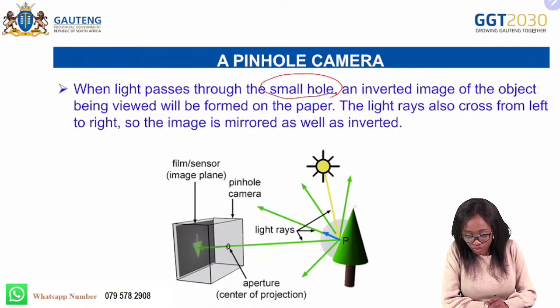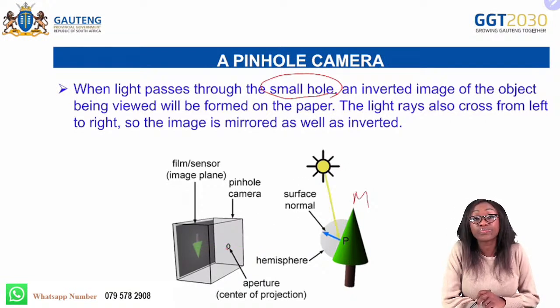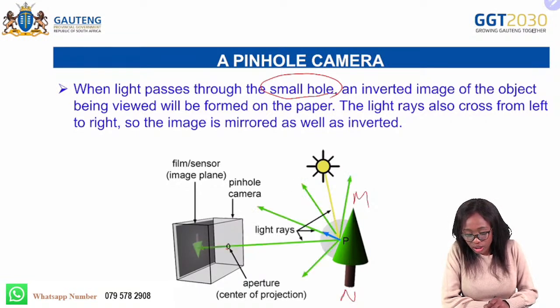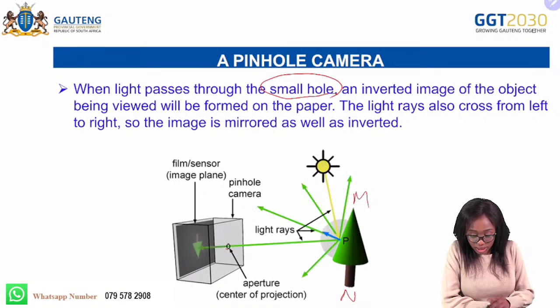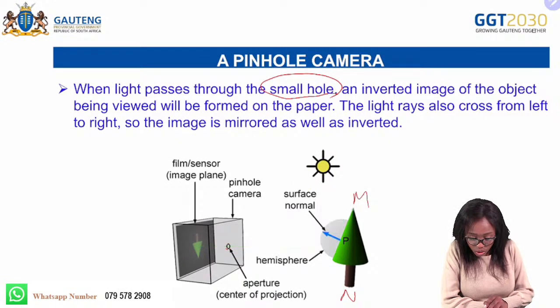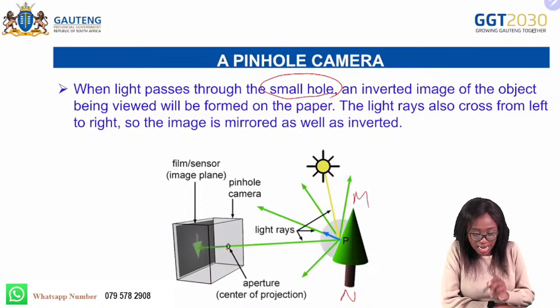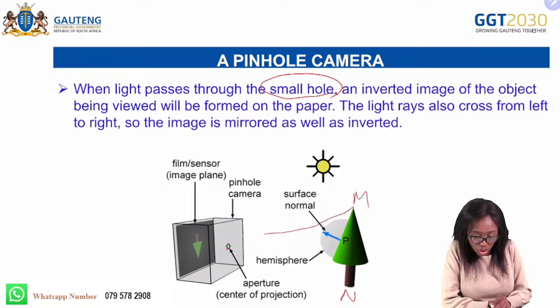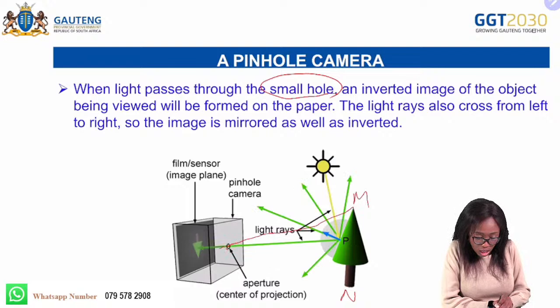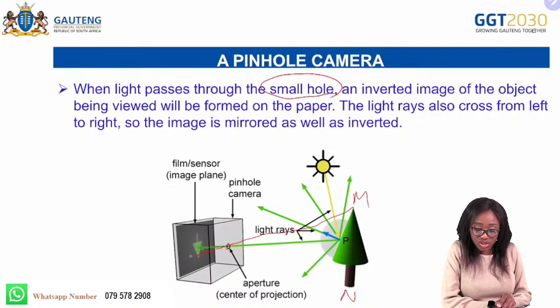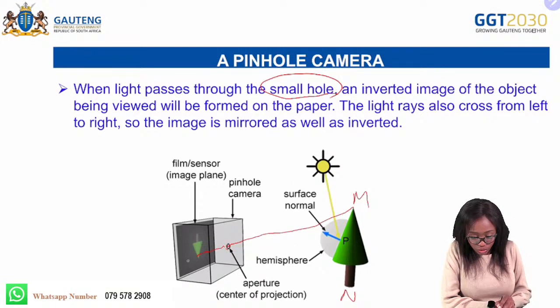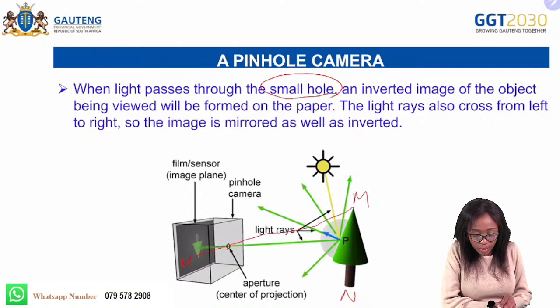Let's say the top of the tree is M and the bottom of the tree is N. When light is radiated onto the tree, the light ray from M, remember light travels in a straight line, is going to go in through the hole and be reflected there. Let's call this M prime.